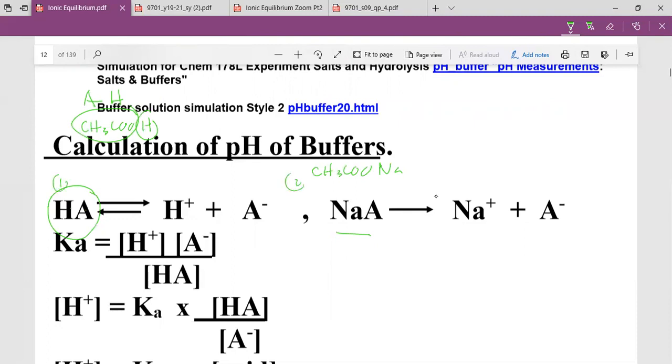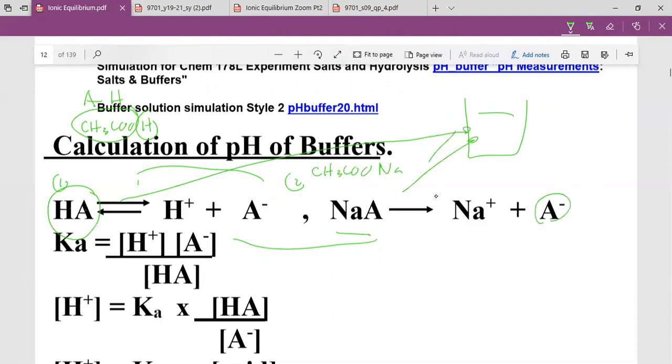So you mix these two together and you form your buffer solution. So they will go up and down, and of course, this one here will cause it to go backwards, and so it comes to an equilibrium. So inside here, you got plenty of CH3COOH, plenty of CH3COO minus, plenty of Na plus, which is no need to talk about.